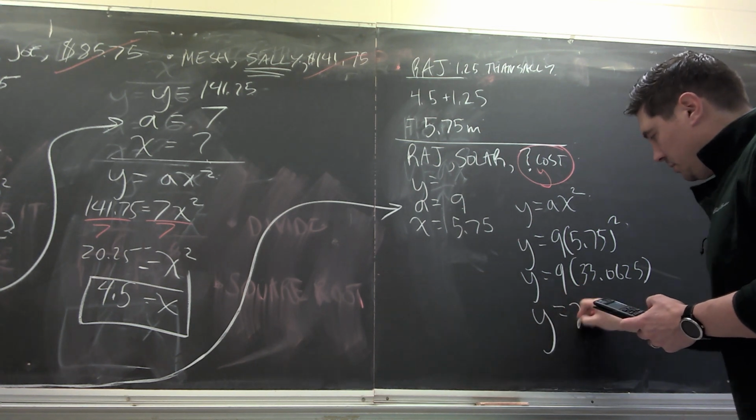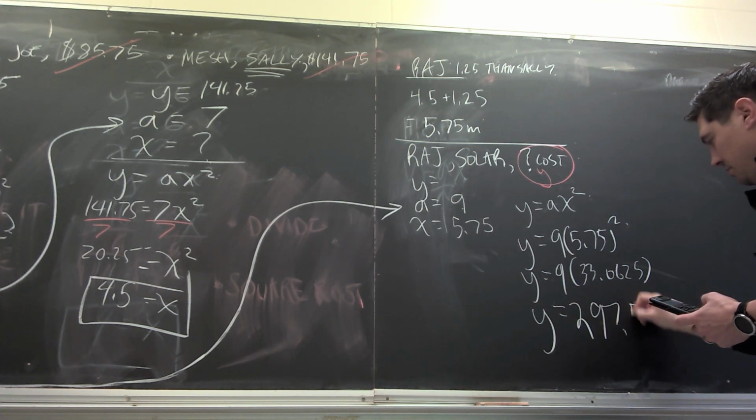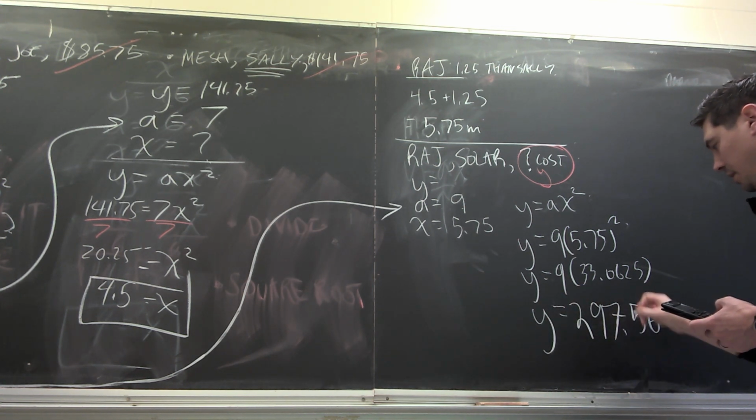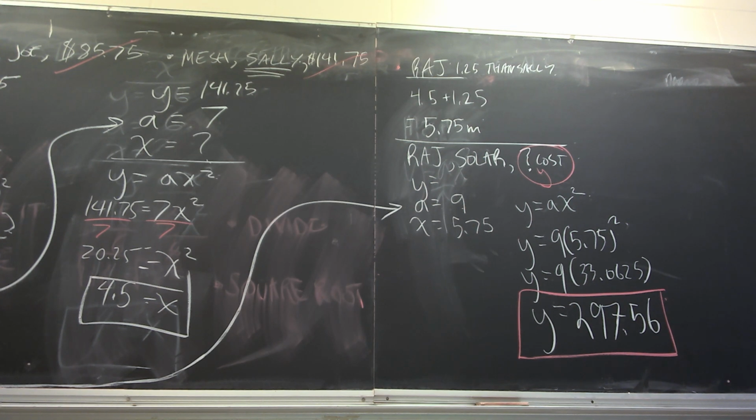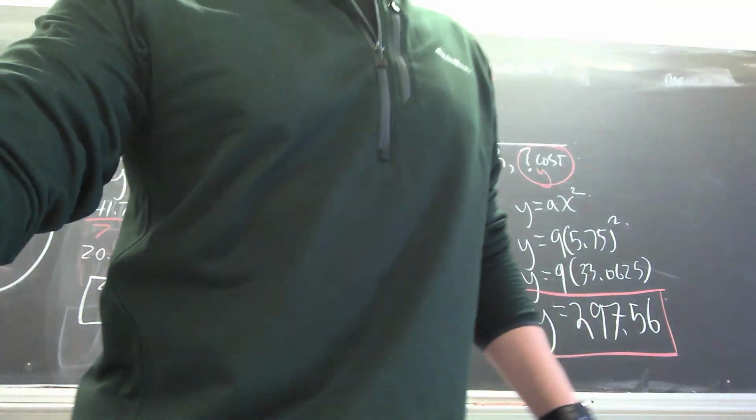So y is equal to $297.56, and that's it. There's your final answer. Now you'll see, I really should use the chalkboard more. I prefer the chalkboard because you can see the whole rundown of it. But that is quadratic equations in a nutshell.